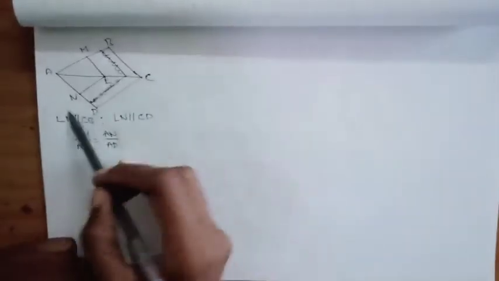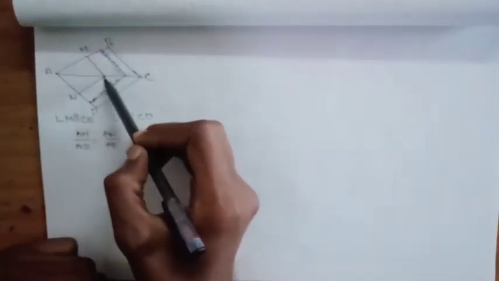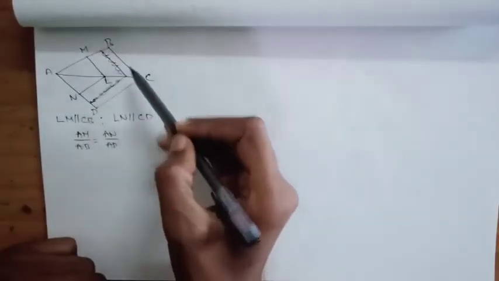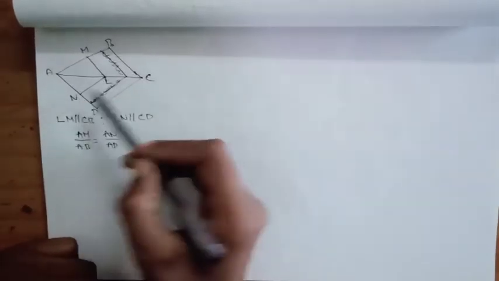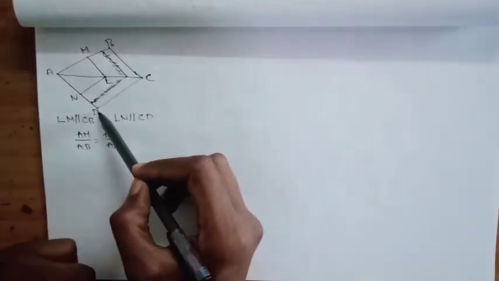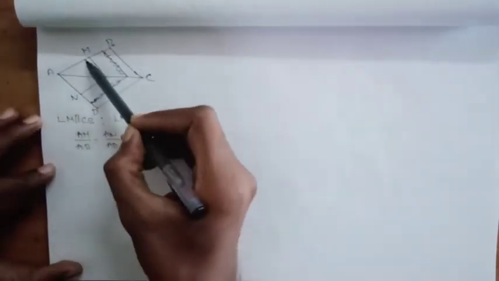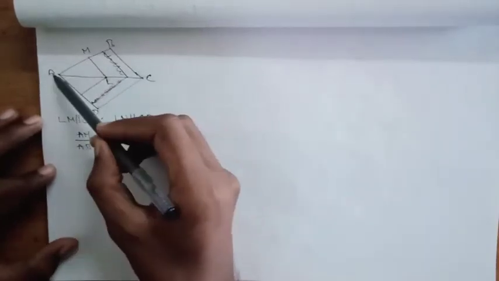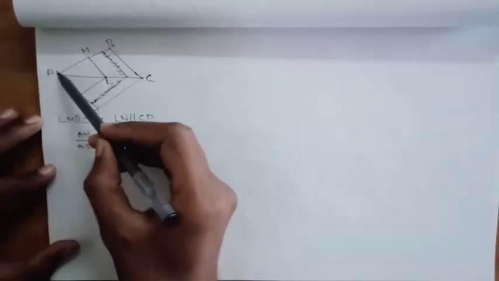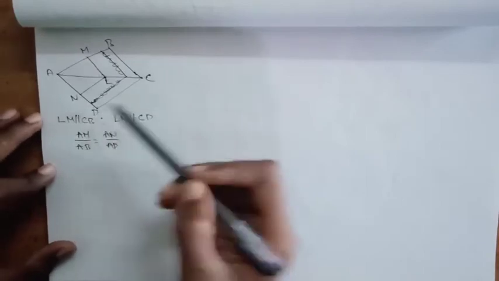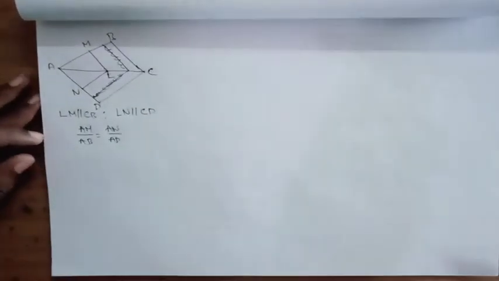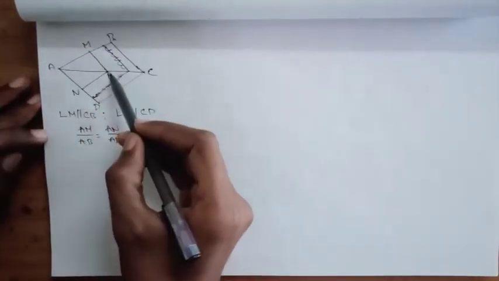In this problem he stated that LM is parallel to BC and LN is parallel to CD. Then we have to prove that AM by AB equals AN by AD. This thing we have to prove. So we know that this is parallel to this one and this is parallel to this one.